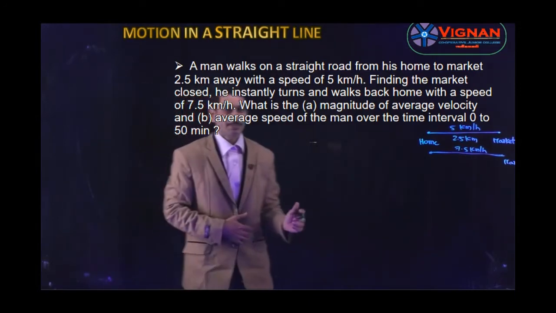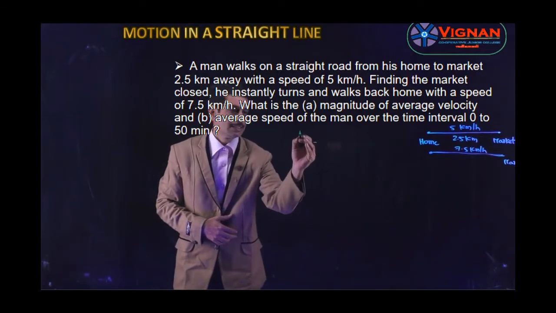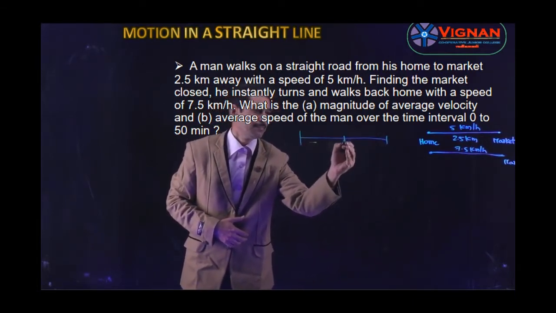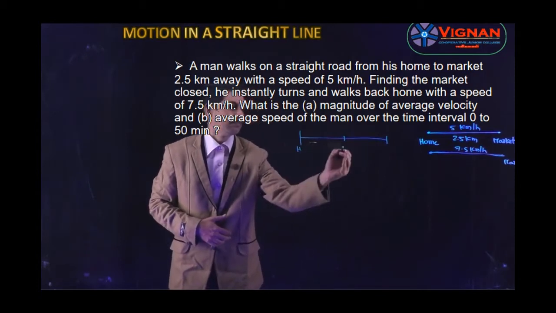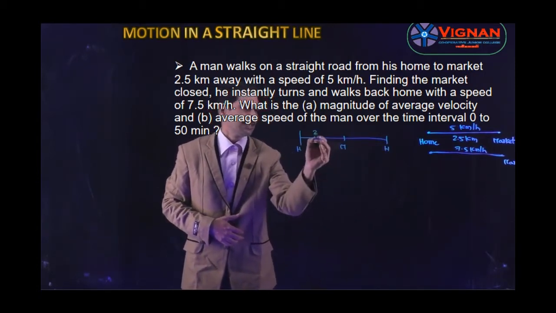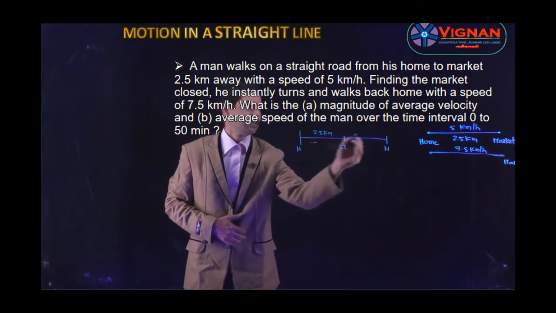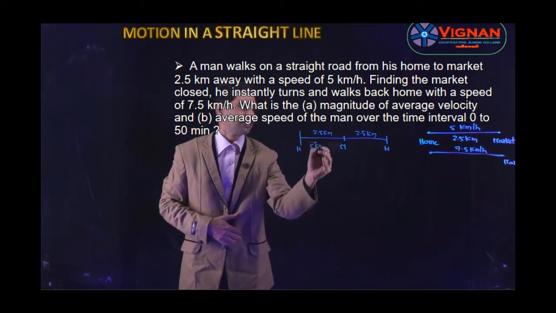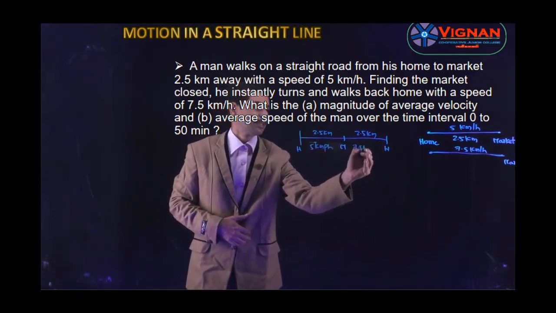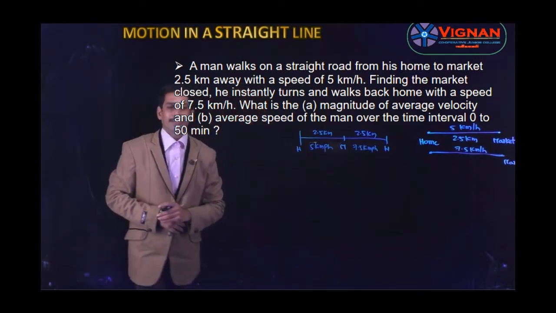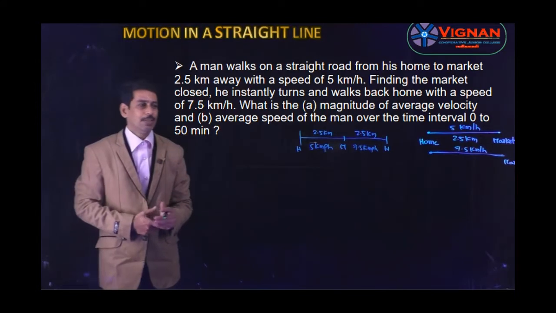This diagram can also be taken like this: the distance is the same, 2.5 kilometer from home to market and 2.5 kilometer from market to home, but here it is traveling with a velocity of 5 kilometer per hour, and here with 7.5 kilometer per hour.